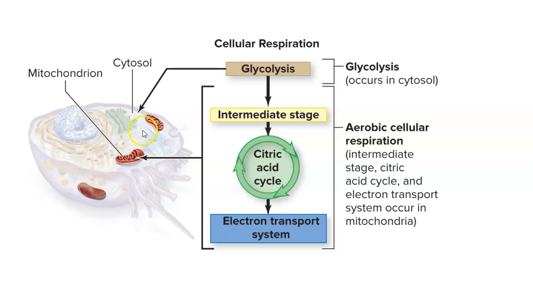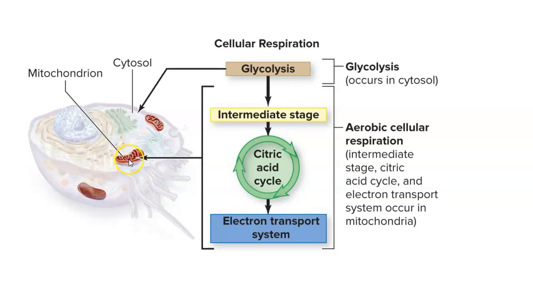All right, just a refresher here. The inside of the cell, all of this is called the cytoplasm. The liquid gooey stuff is called the cytosol. Glycolysis occurs there in the liquid gooey cytosol. Then we have the transition or intermediate stage, and we enter into the mitochondria with the products from glycolysis.